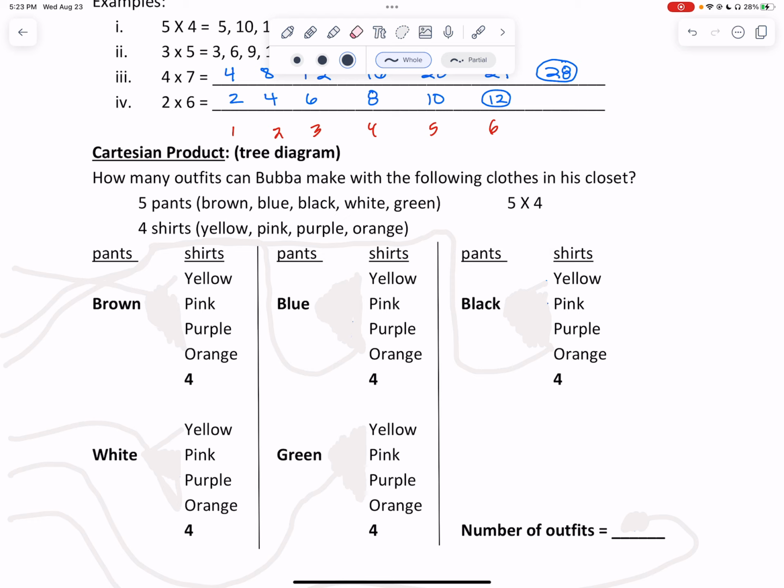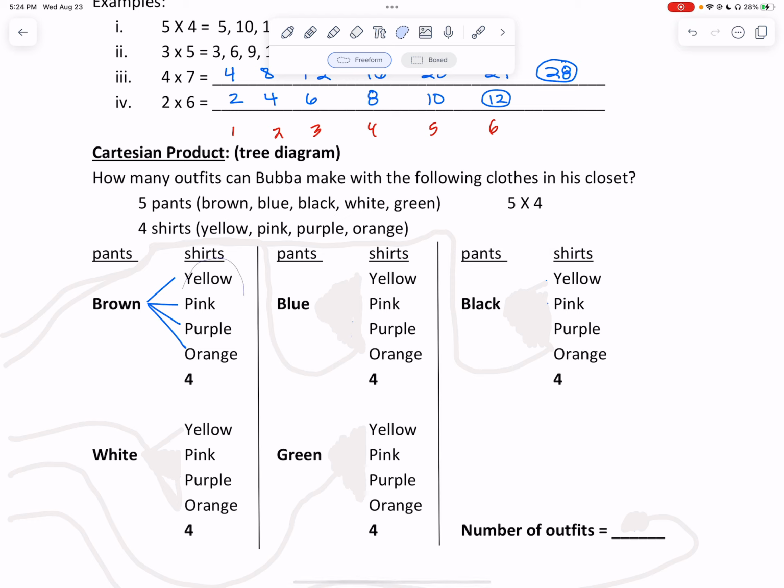Anyway, okay, so let's say he has a brown shirt. So with his brown shirt, he can make how many outfits? Excuse me, I meant brown pants. With his brown pants, he's got 4 shirts, so he could make 4 outfits. Brown pants with a yellow shirt, then the next day a pink shirt, the next day the purple, and the next day the orange shirt.